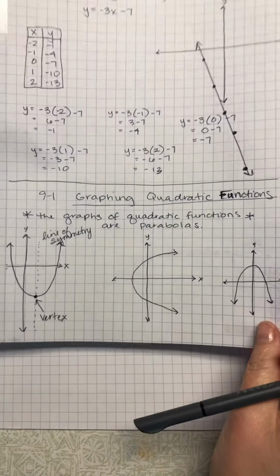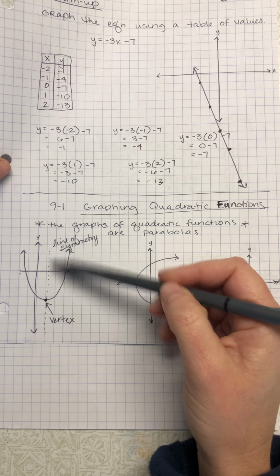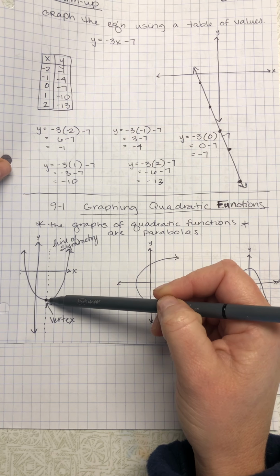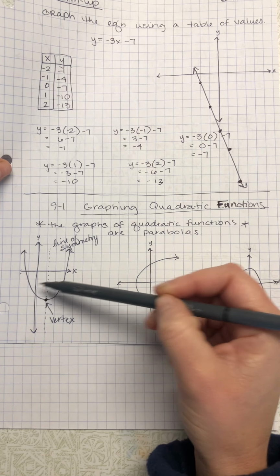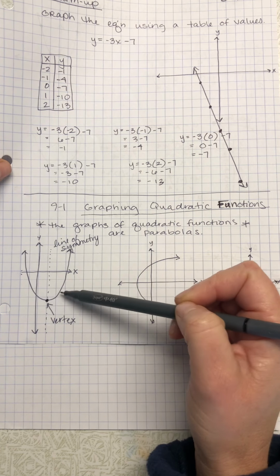Today we're going to look at the importance of this line of symmetry, the vertex, right? If you have this vertex as your middle point, then you graph two symmetric points on the parabola.